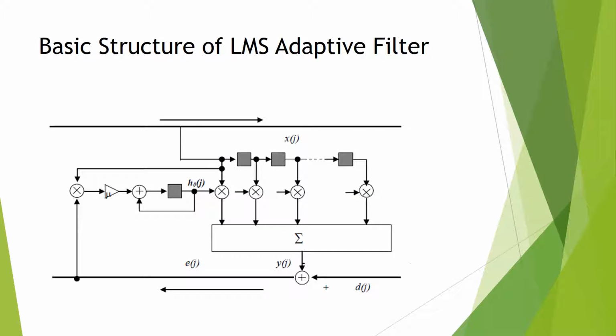So next, here is the basic structure of the LMS adaptive filter. As can be seen from the figure, it is basically a digital filter only. The extra circuitry is there for controlling the value of the coefficients, that is the filter weights, which keep changing at every new arrival of the input signal.